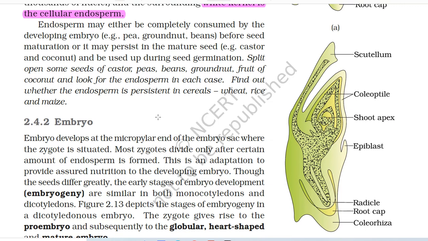Endosperm may either be completely consumed by the developing embryo before seed maturation, for example, pea, groundnut, beans, or it may persist in the mature seed, for example, castor and coconut, and be used up during seed germination. Split open some seeds of castor, peas, beans, groundnut, and fruits of coconut, and look for the endosperm in each case. Find out whether the endosperm is persistent in cereals: wheat, rice, and maize.